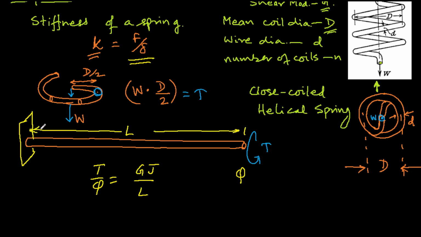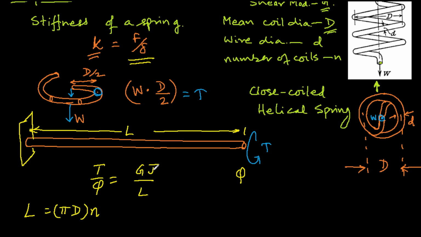of the spring, and this L is nothing but pi d times, so this is the length of a single coil, right? So this is the length of a single coil times n, right? So this is the total length which we are considering.